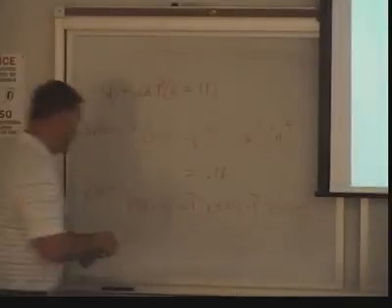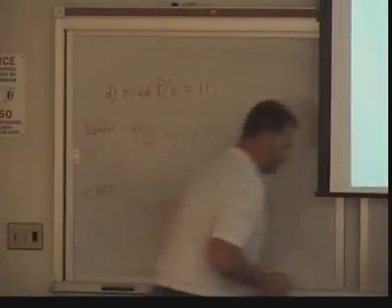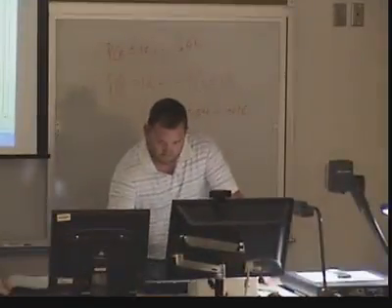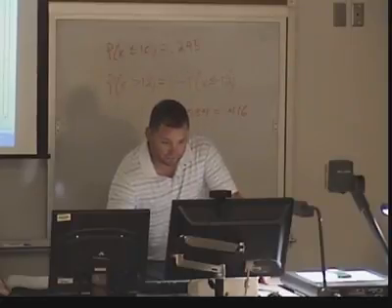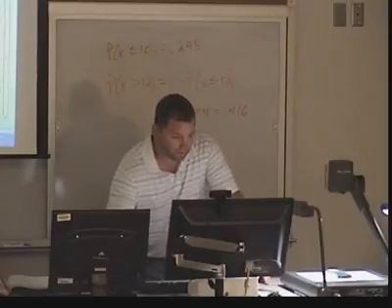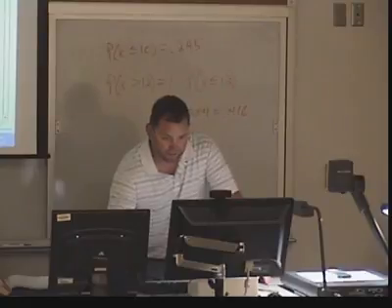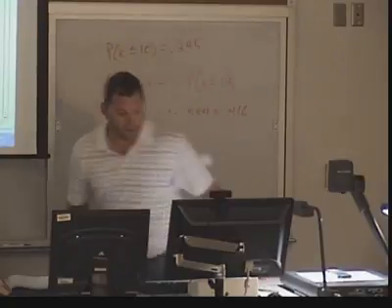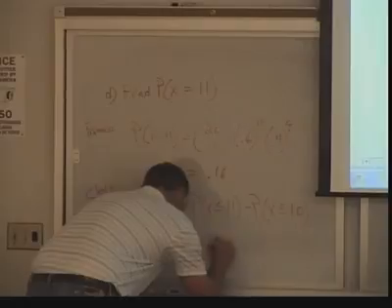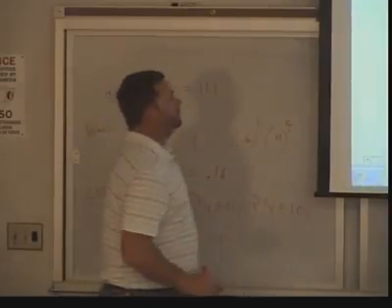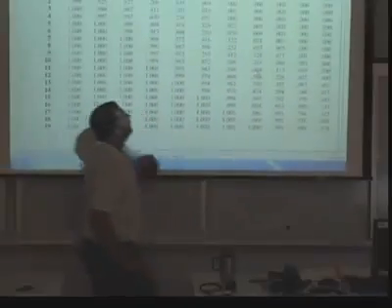So let's do that in our chart. Let me flip back and look at it. And we better get the same number, right? So the probability that x is less than or equal to 11 is right there, 0.404, minus the probability that x is less than or equal to 10, which is 0.245.